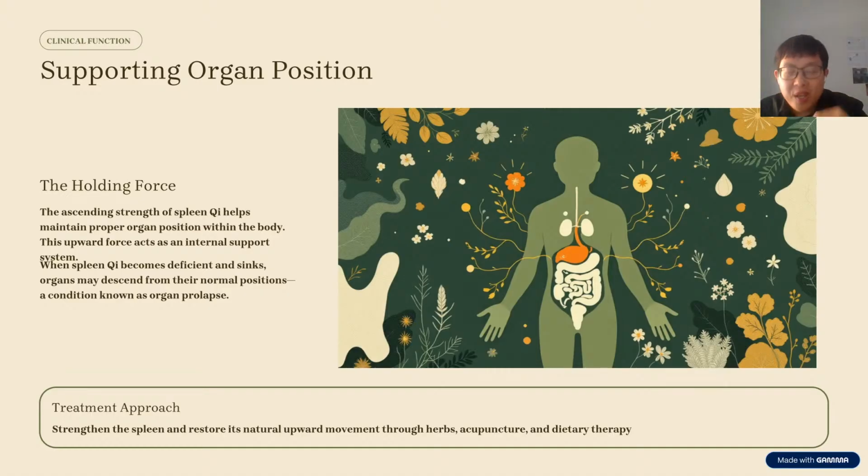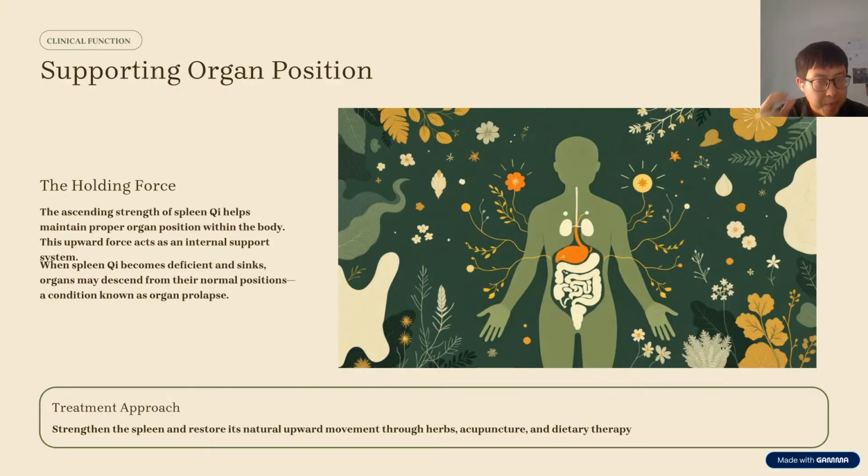So how do we treat the prolapse of the organs in Chinese medicine? We support the spleen. If your relatives or family members have the problem of prolapse of the organs, pay attention to their other symptoms.